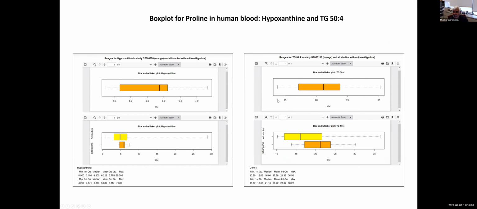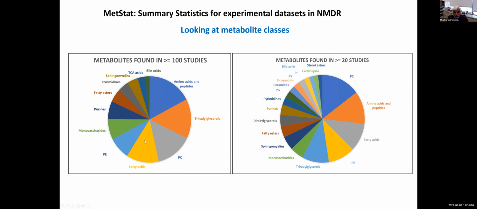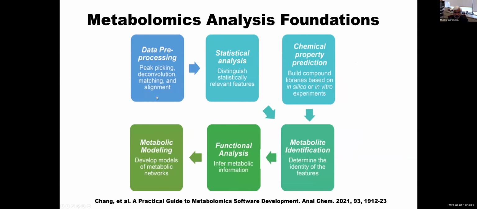You can look at all these quantitative values at a glance, and look at the distribution profile. So if you want to look at what metabolites are found across all studies in blood, or 100 studies in blood, you can see this distribution of metabolite classes that are present across all these cases. So it's very easy for you to navigate.